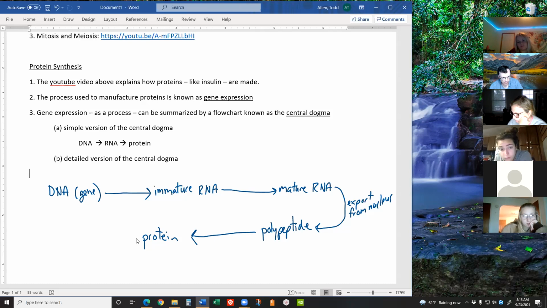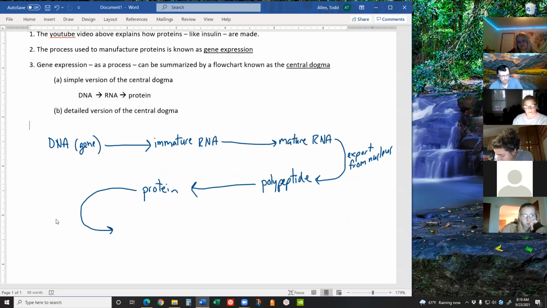And then even the protein might experience some processing, which is known as post-translational modification, to become a physiologically active protein.